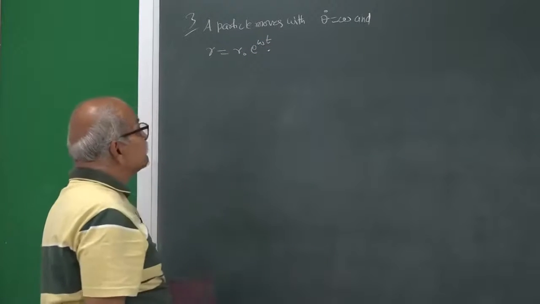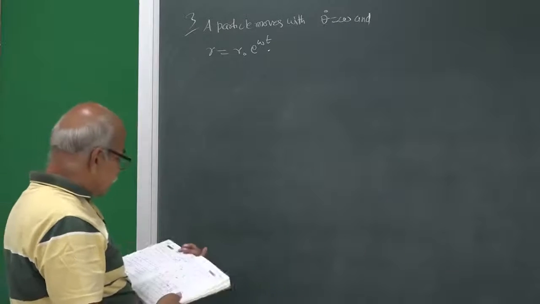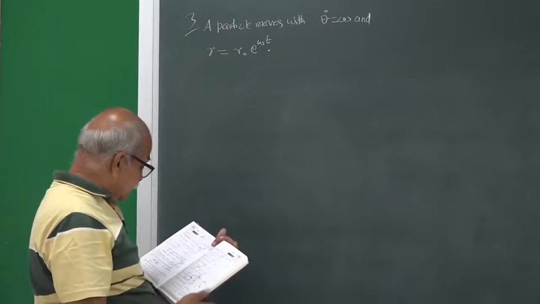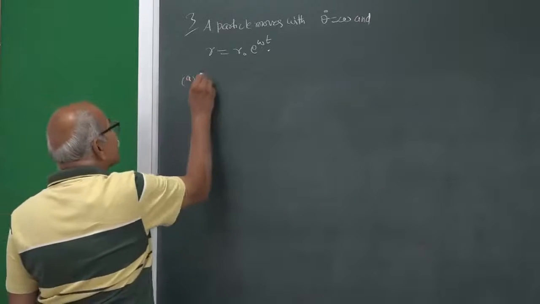So, this is the information given: theta dot is omega and r is r naught e to the power omega t. The first part is to sketch the path.